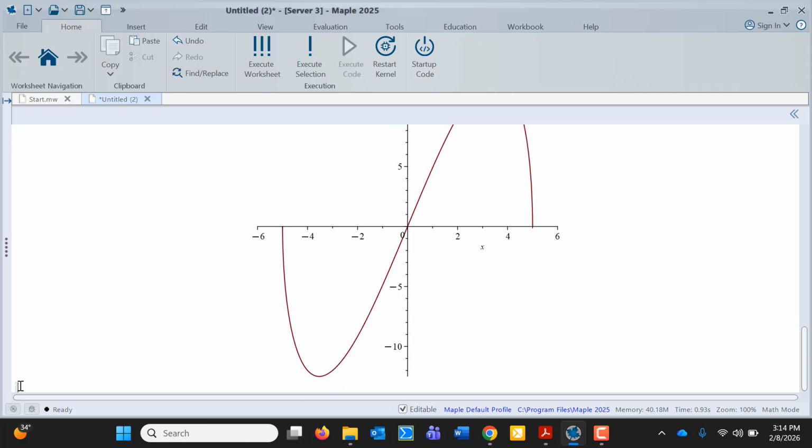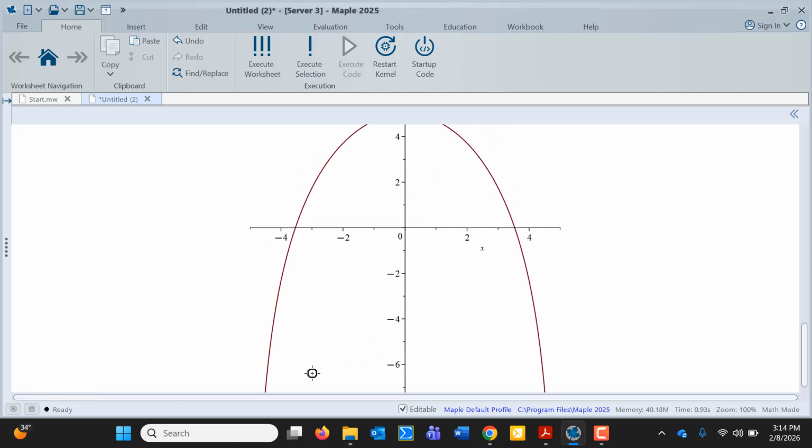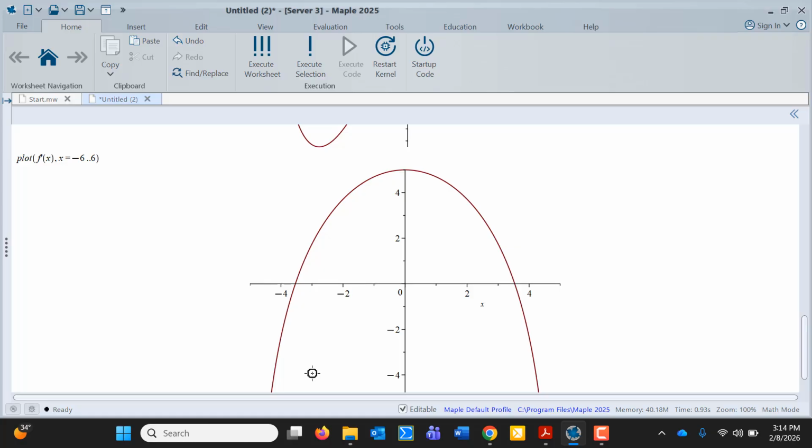Well, let's go ahead and plot f prime of x, comma, x from -6 to 6. And let's see. All right, so this is the graph of f prime. So critical points on the graph of f prime would be the places where the f prime graph is 0, which is right here and right here.